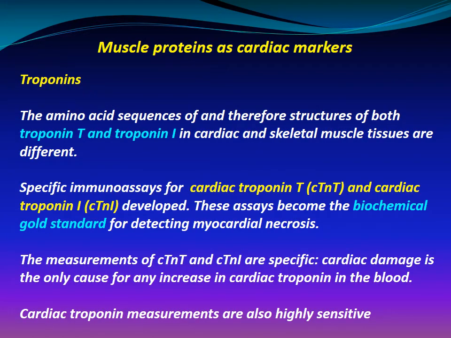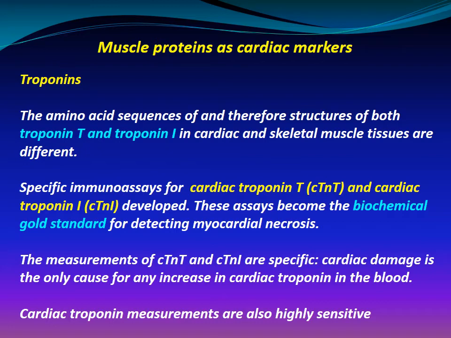Muscle proteins as cardiac markers. Troponin. The amino acid sequences, and therefore structures, of both troponin T and troponin I in cardiac and skeletal muscle tissues are different. Specific immunoassays for cardiac troponin T, cTnT, and cardiac troponin I, cTnI, were developed.